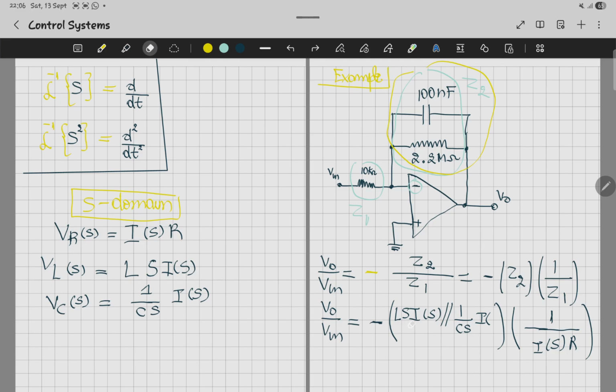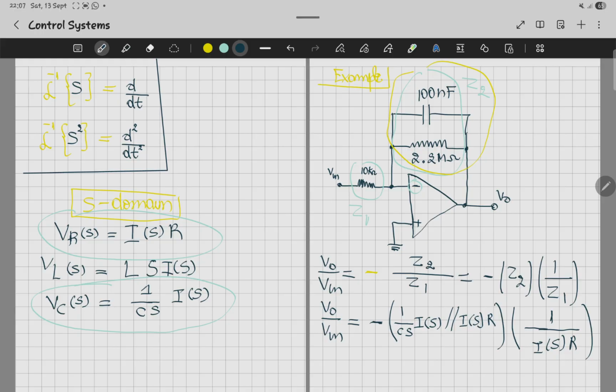I was supposed to write R, not L. So we're going to have the capacitor in parallel with the resistor. That's what you see here. The way we're going to write this equation is in this form: first the capacitor, which is 1 over Cs, in parallel with the resistor.